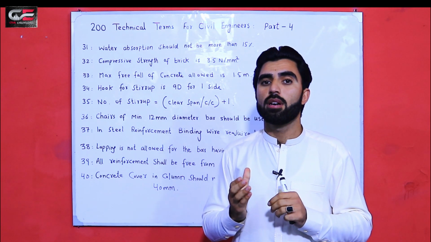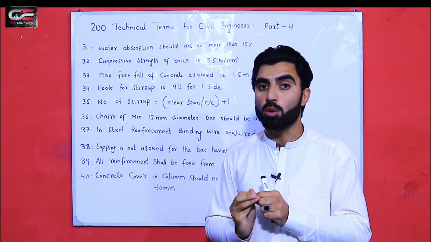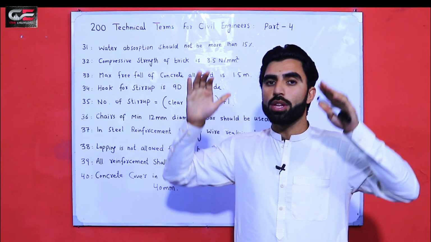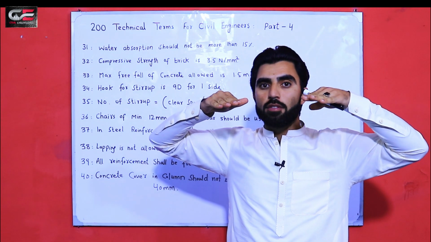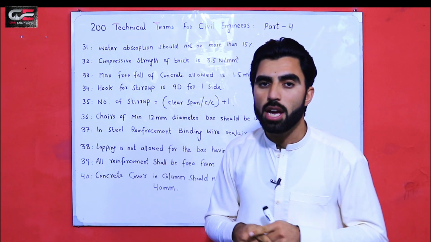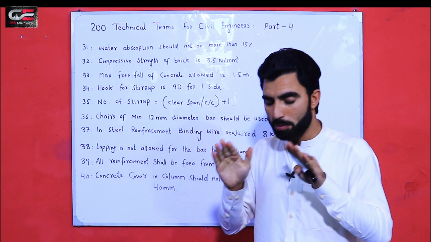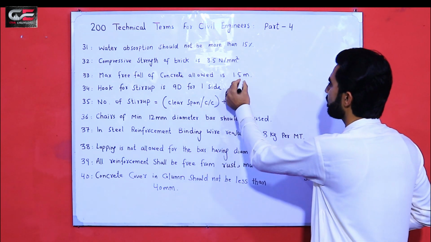The maximum free fall of concrete should not be more than 1.5 meter, otherwise it will cause segregation and bleeding. So the concrete should free fall from a height of 1.5 meter at most.